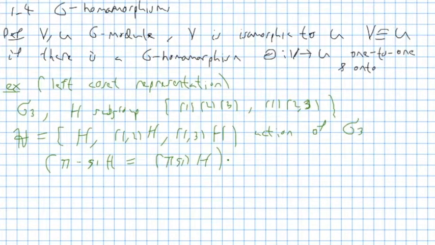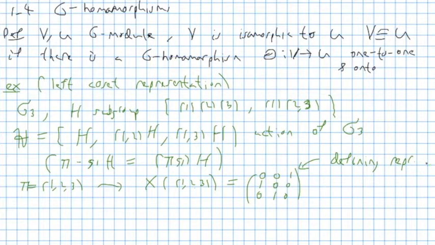For this example in S3, we took, for example, the cycle 1, 2, 3, calculated the matrix corresponding to that cycle, and saw how it acted on the cosets. We found that this coincided with the permutation matrix of this 3-cycle, so it coincided again with the defining representation.